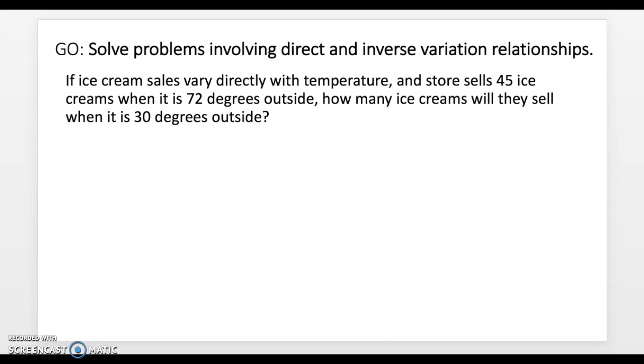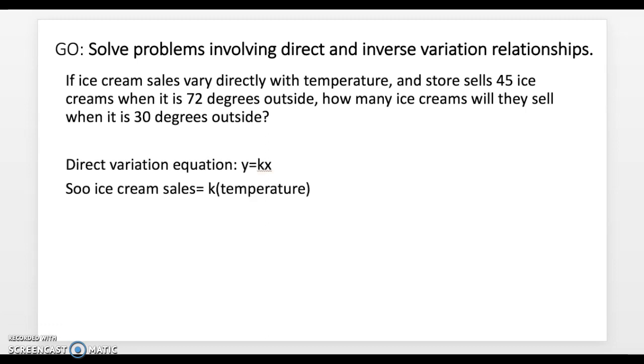Then if we look at ice cream sales, we can do the same thing, but this time it's varying directly with temperature. So we're going to use our direct variation equation, y equals kx. Ice cream sales equals k times temperature, plugging in our variables.